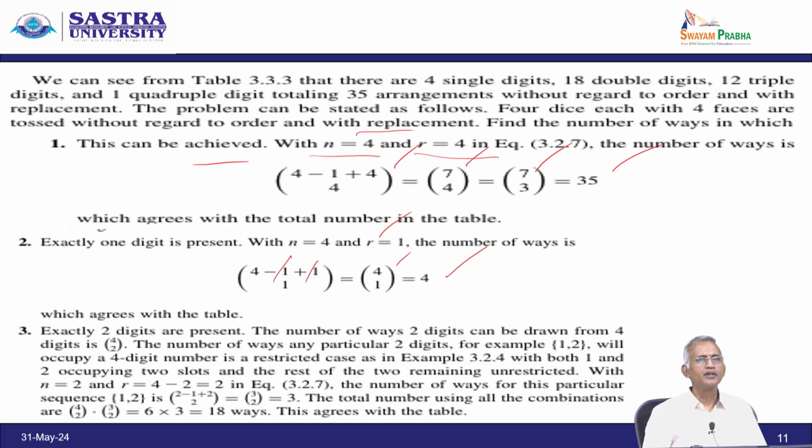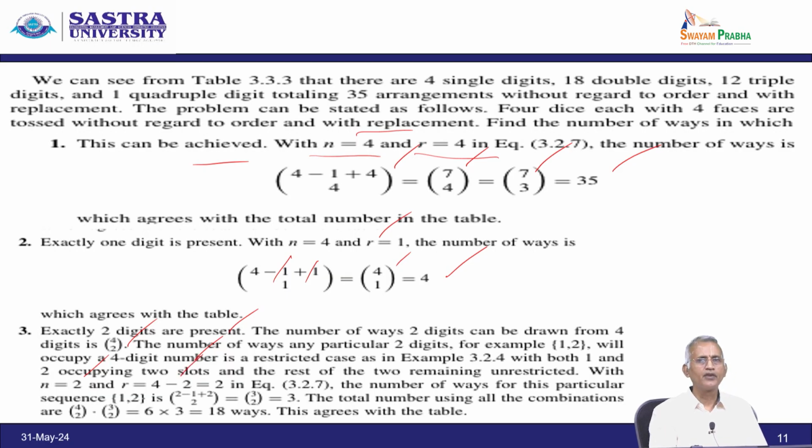And the third possibility is exactly 2 digits are present. The number of ways 2 digits can be drawn from 4 digits is 4C2. The number of ways any particular 2 digits, for example 1 and 2, occupy the 4-digit number is the restricted case in the example, with both 1 and 2 occupying 2 slots, and the remaining 2 unrestricted, with n equal to 2 and r equal to 4 minus 2 equal to 2.